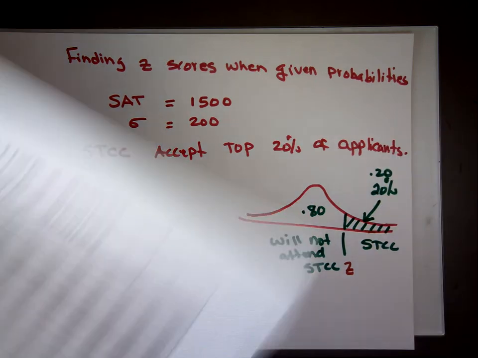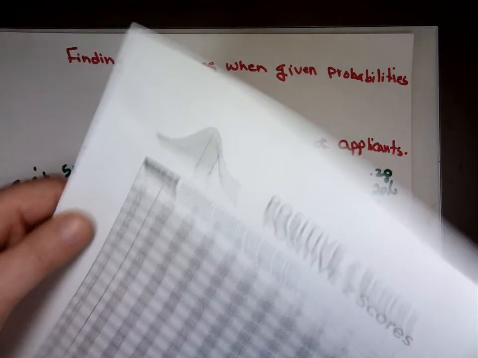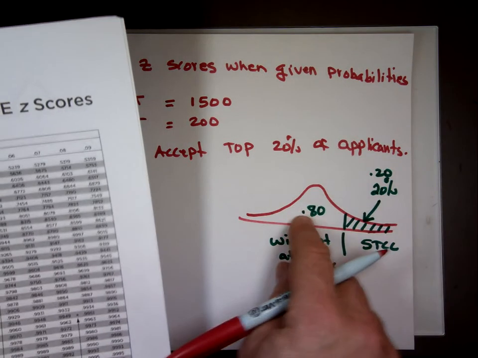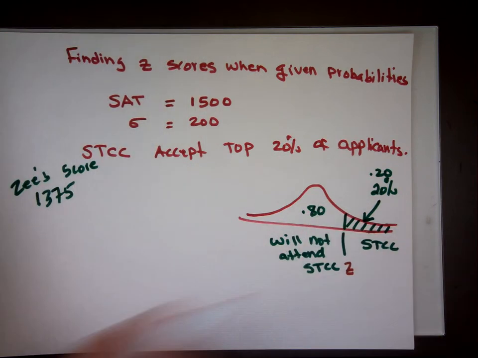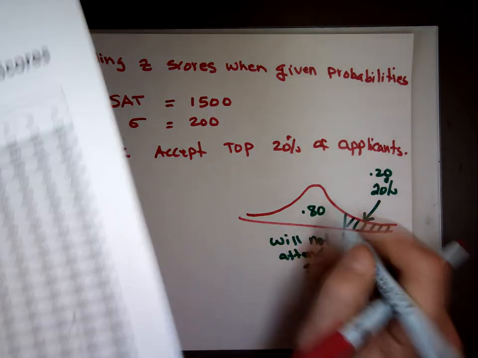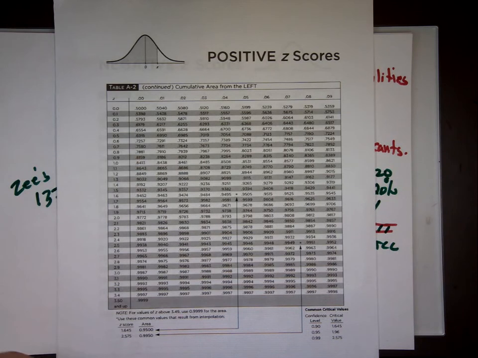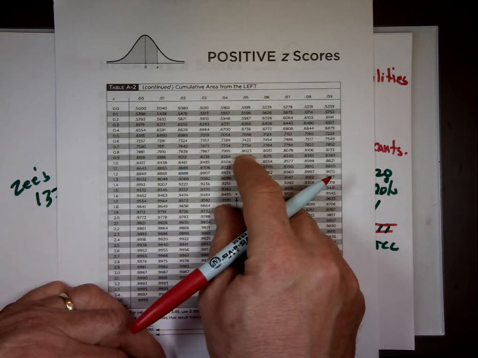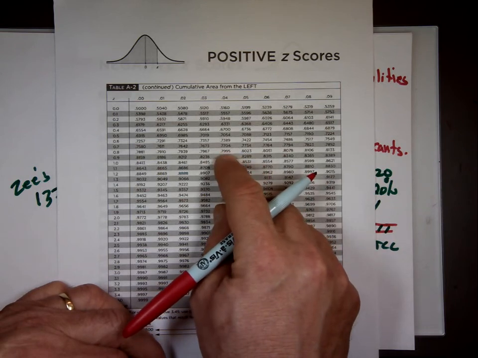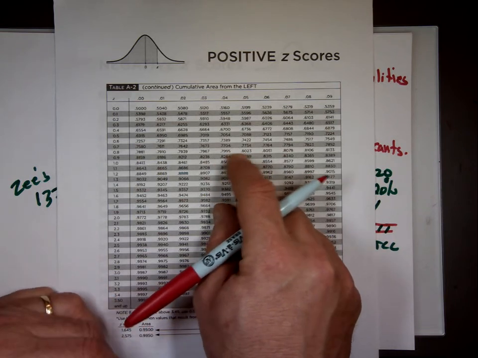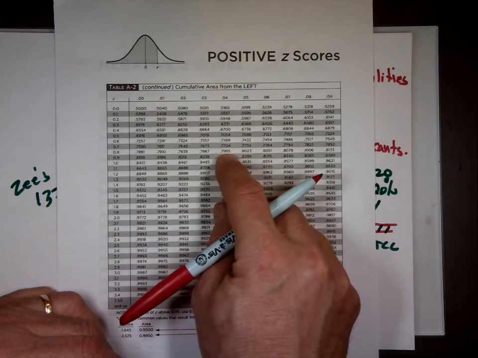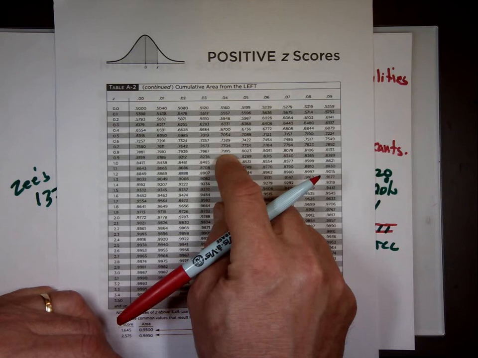Look inside the table, find the closest number to 0.8000. So what is the closest number to 0.8000? I see 0.7995 and I see 0.8023. Which one's closer to 0.80? 0.7995, right?